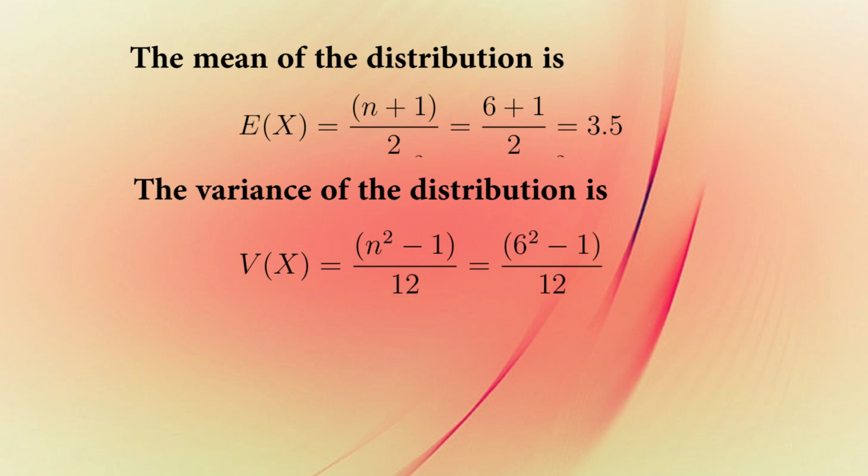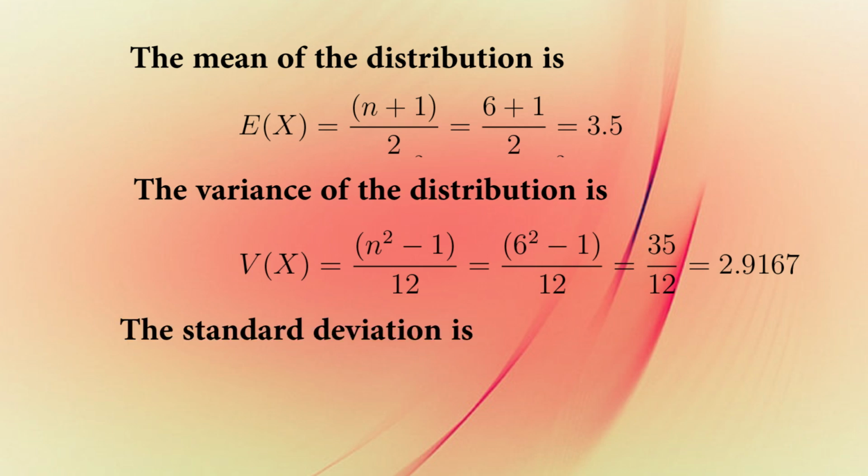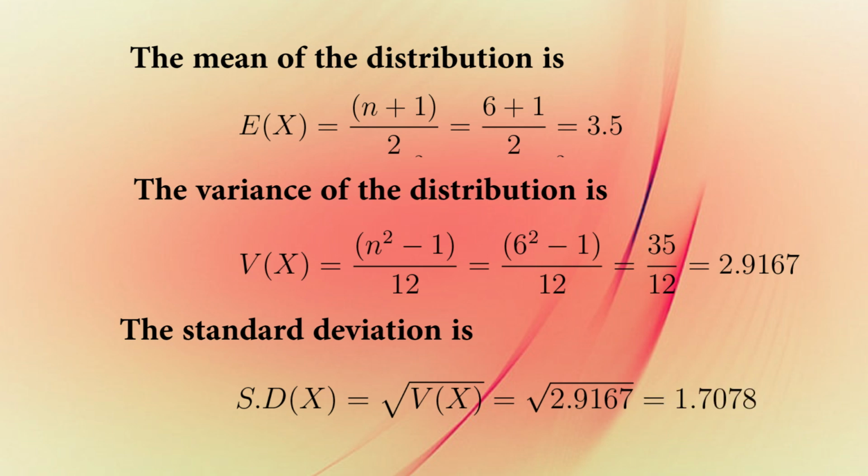The variance of a discrete uniform distribution is given by (n square minus 1) divided by 12, which is equal to (6 square minus 1) divided by 12, which is equal to 35 divided by 12, which is equal to 2.9167. The standard deviation of the discrete uniform distribution is given by square root of variance, that is square root of 2.9167, which is equal to 1.7078.